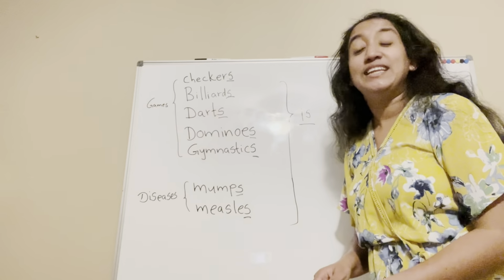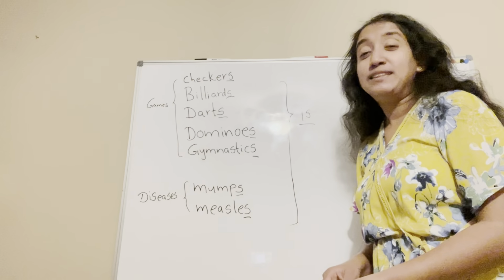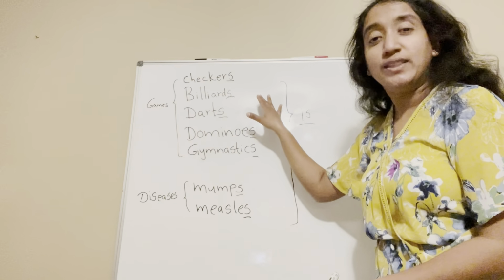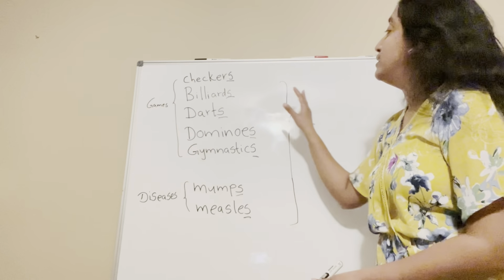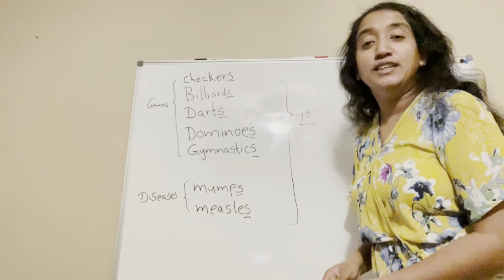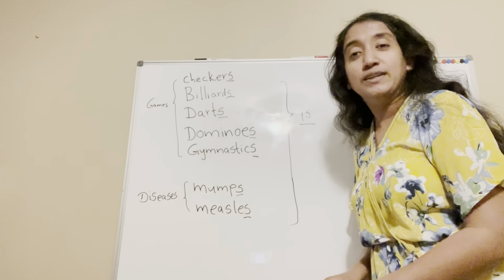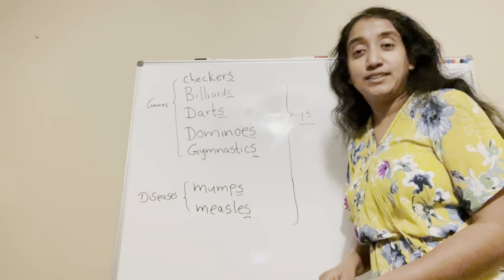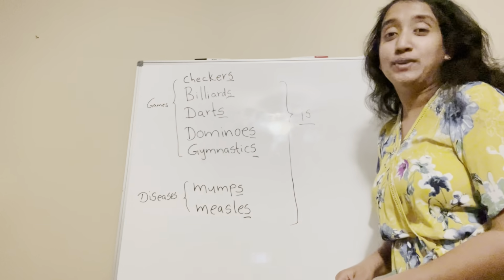So this is really important to keep in your mind. Not all words ending with S fall into the category of plural. Sometimes they belong to the category of singular nouns.